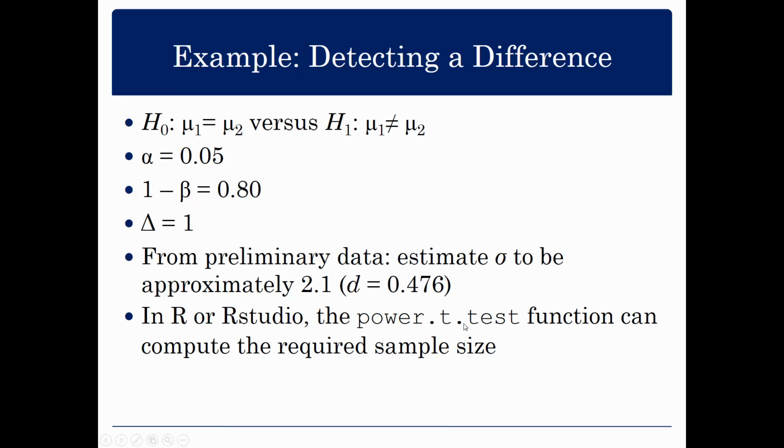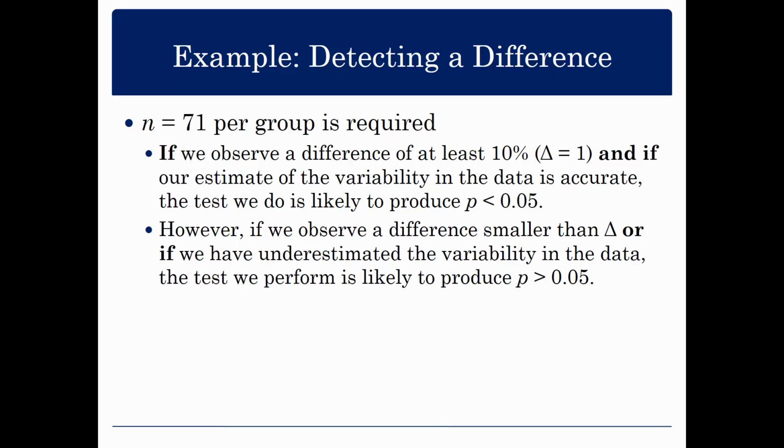You can find online different tools that will allow you to enter in these values and get out a sample size. In RStudio, that function is the power.t.test function, and it can compute the required sample size.